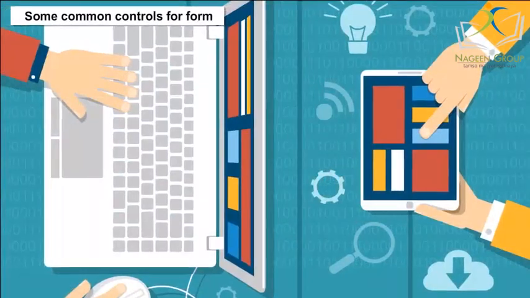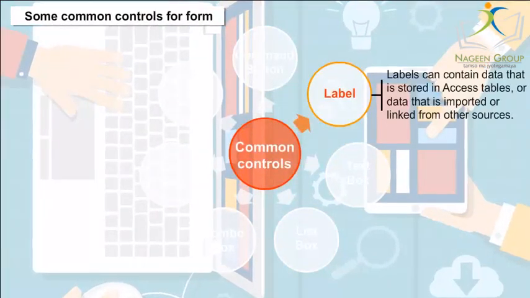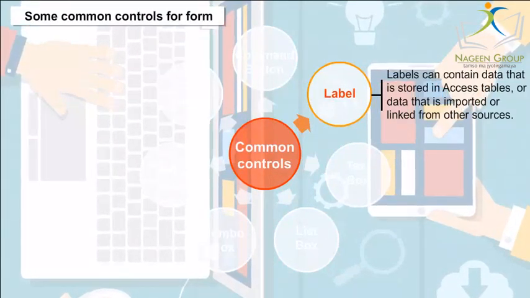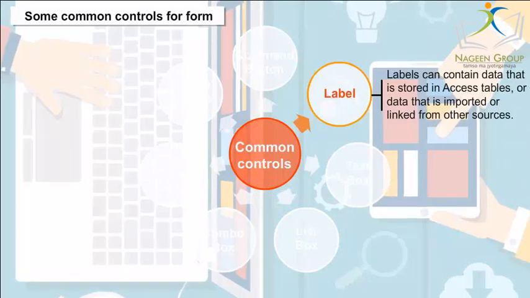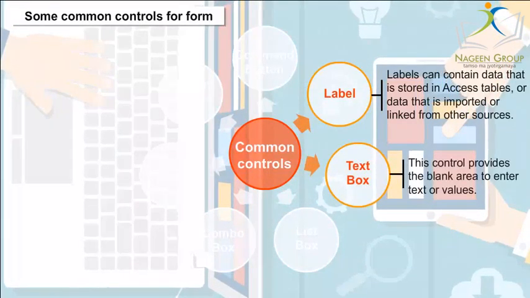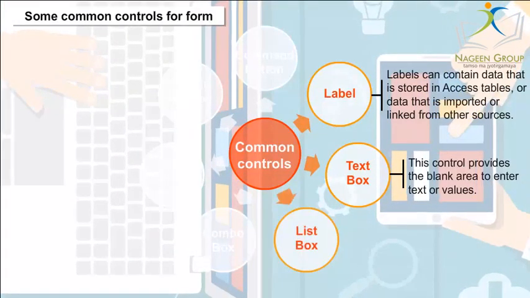Some common controls for forms. Label. Labels can contain data that is stored in Access tables or data that is imported or linked from other sources. Text box. This control provides a blank area to enter text or values. List box.